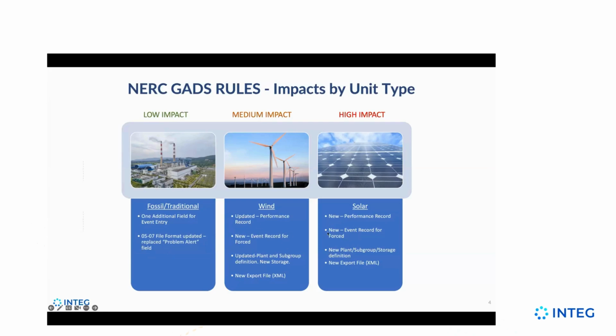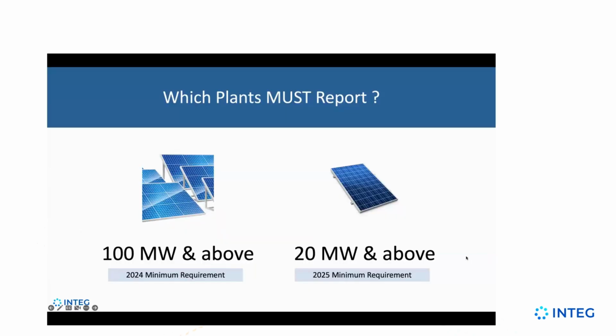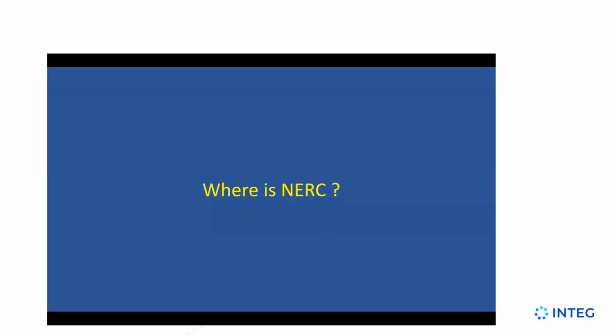Really, we're going to focus on wind and solar, where wind has medium impact because the performance records have been updated, and the event records are new for wind. And for solar, the event and performance records are both brand new. So solar has the highest impact. And summary wise, in 2024, you only have to report 100 megawatts and above. Starting next year, you're going to have to do 20 megawatts and above.